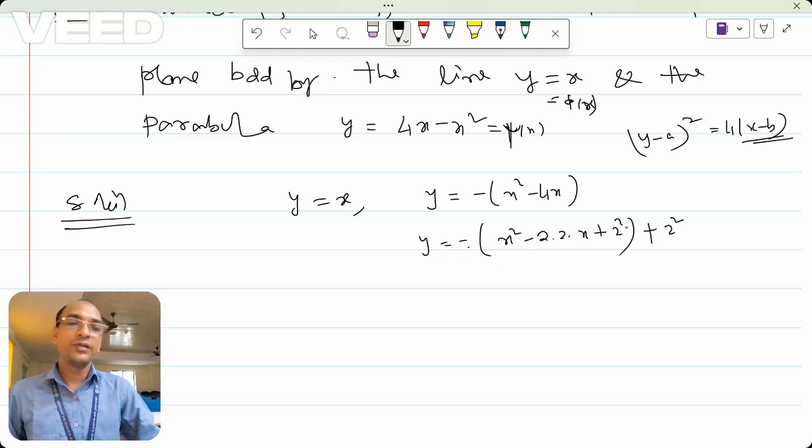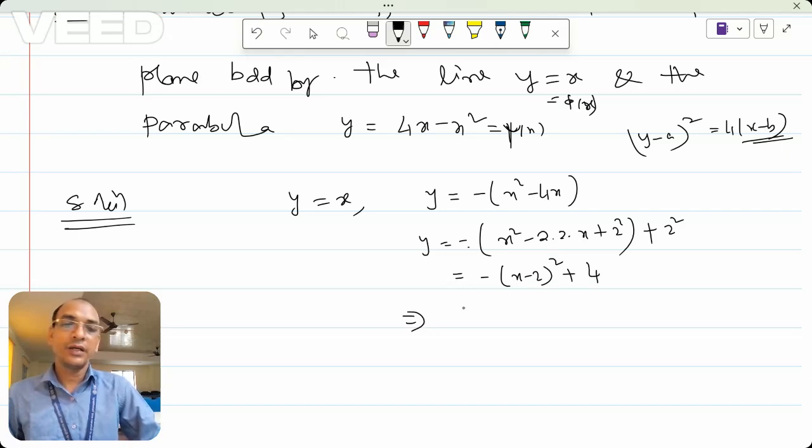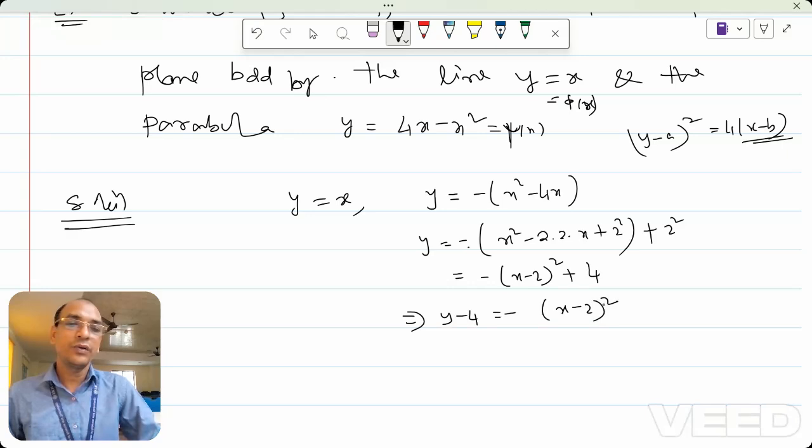Okay, so this is the thing, and we can have it here as minus of x minus 2 whole square plus 4, and here we can have y minus 4 equal to minus x minus 2 whole square. So here the focus is shifted to 2 comma 4.